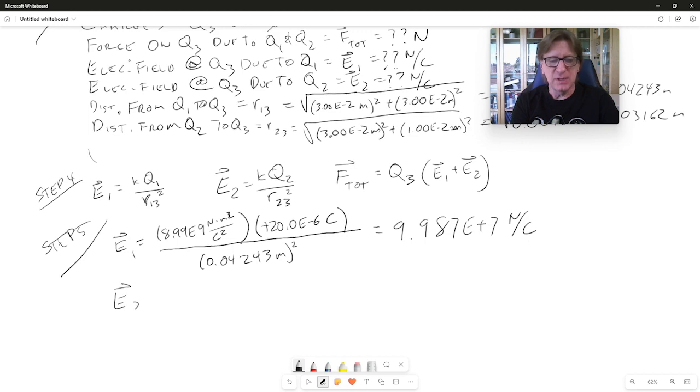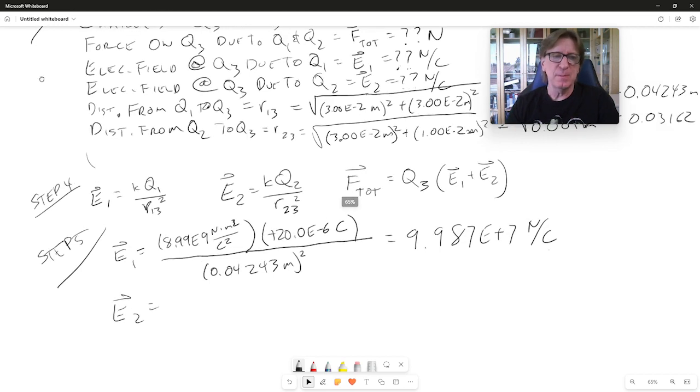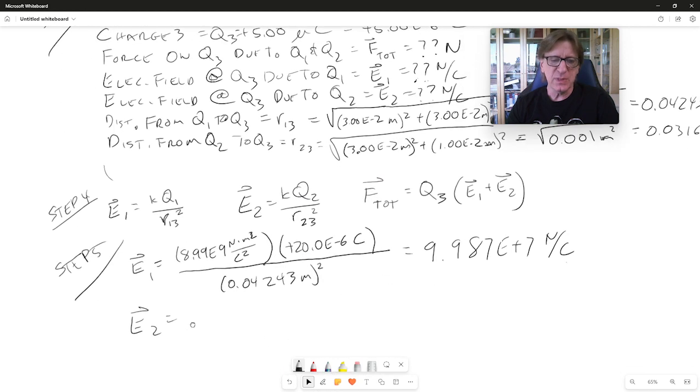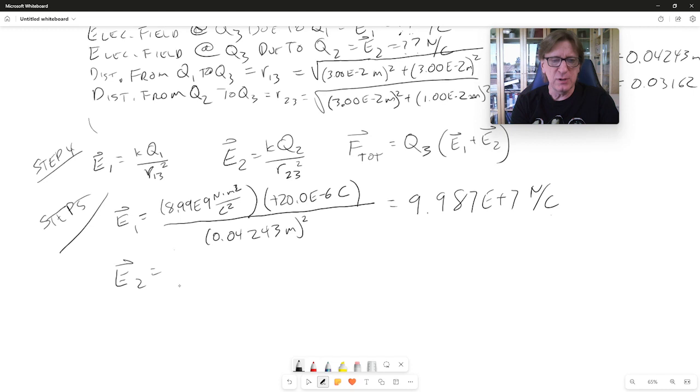We'll do the same thing with E2. Going back to our plan, we're going to find E2 at Q3. Are you starting to see how useful having this is? Because you just can't keep up with everything you have to do in your head all at once. So it's going to be set up the same way. So we'll have 8.99 e to the 9th newton meters squared per Coulomb.